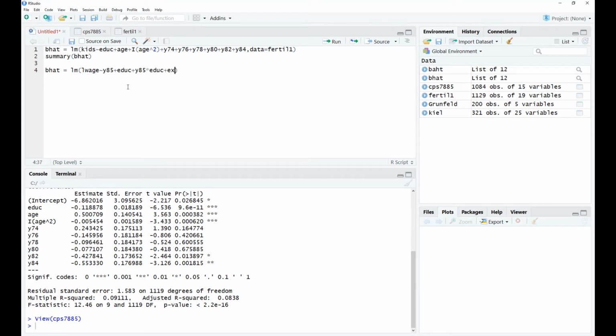plus experience squared plus union plus female plus Y85 times female.